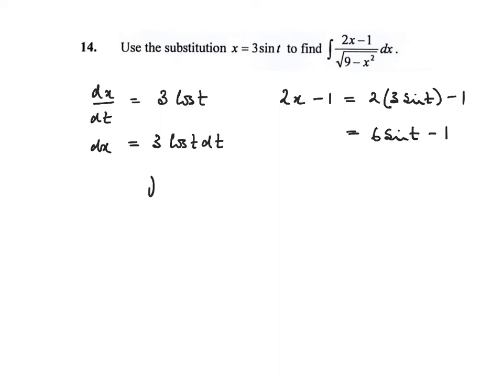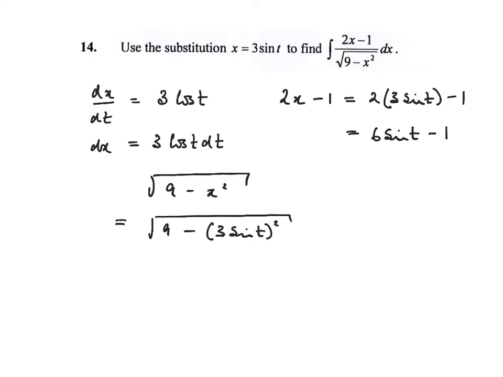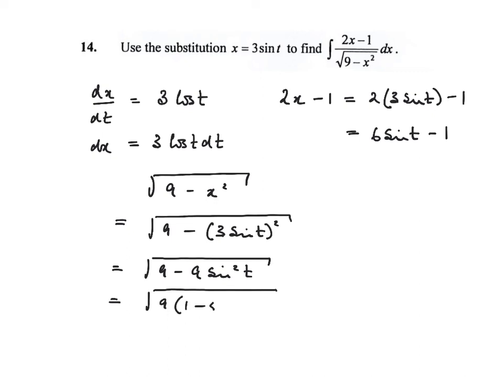So the root of 9 minus x squared equals root 9 minus, well, that's 3 sine t all squared, which is the square root of 9 minus 9 sine squared t, and that's the root of 9 bracket 1 minus sine squared t.